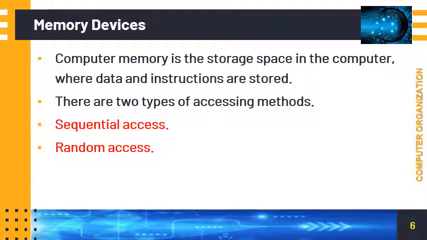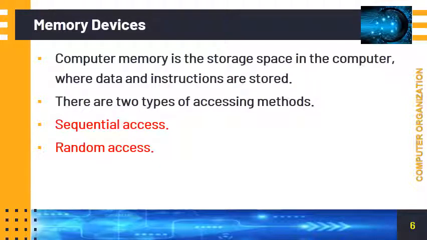Next, memory devices. A memory is just like a human brain. It is used to store data and instructions. Computer memory is the storage space in the computer where data and instructions are stored. There are two types of accessing methods to access the memory: sequential access and random access.